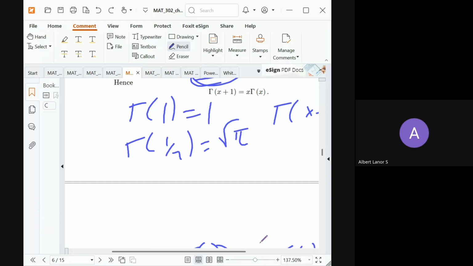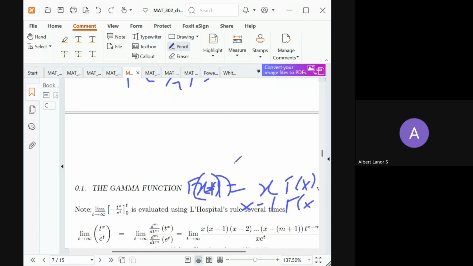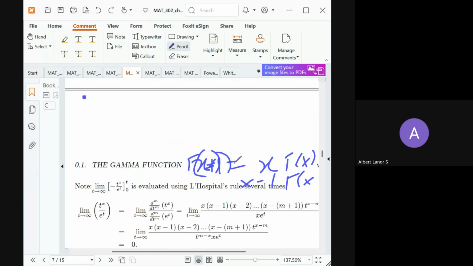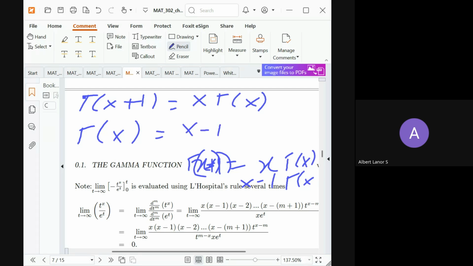Let me write it as gamma of x plus 1 is equal to x gamma of x. Then, if I subtract 1 from all of them, I'll have gamma of x is equal to x minus 1 times gamma of x minus 1.